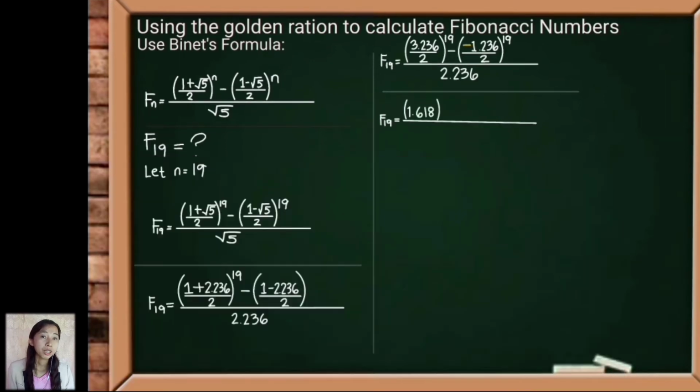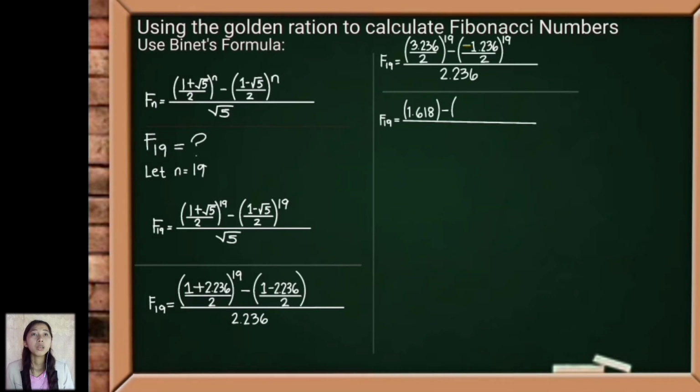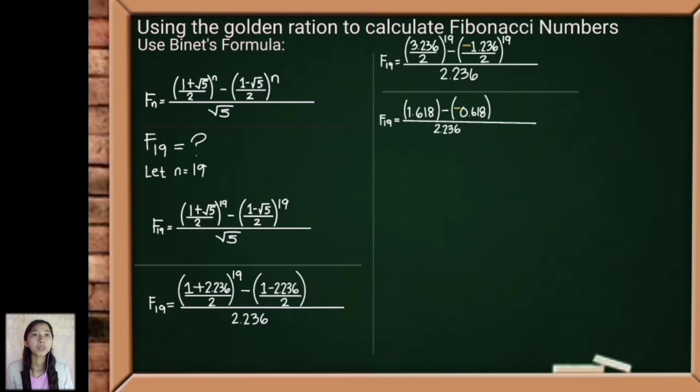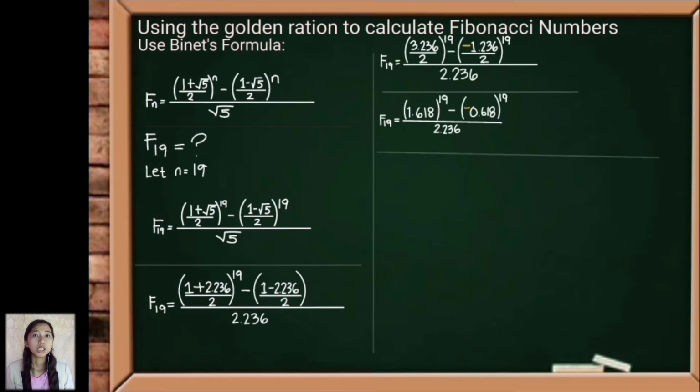That is already estimated, so it is rounded off to the third digit of the decimal point, to the 19th power, minus, what is negative 1.236 divided by 2? So the answer is negative 0.618 to the 19th power. We copy the value of the denominator all over 2.236.